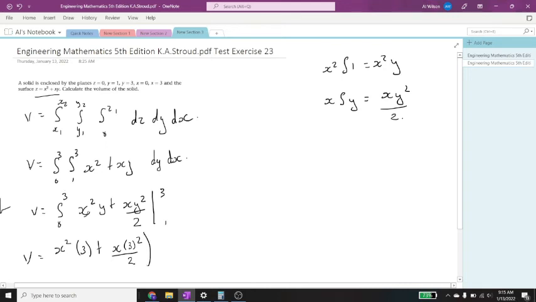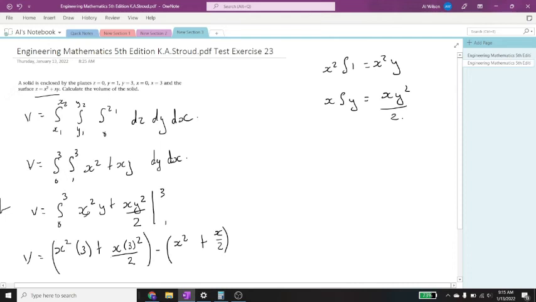And subtracting, now using the lower limit, y is 1, so we're left with x squared plus, again y is 1, so just x over 2.